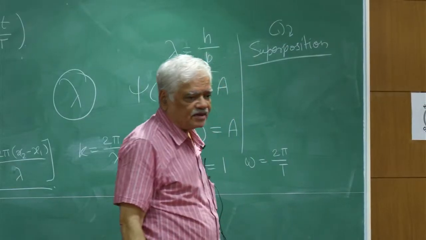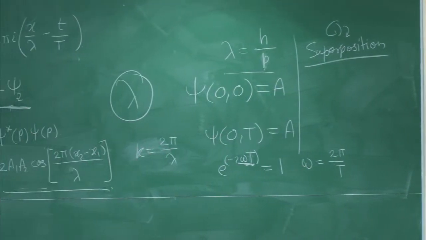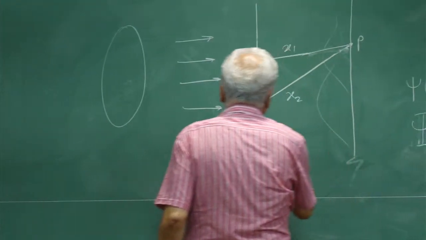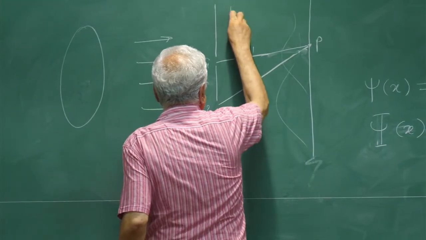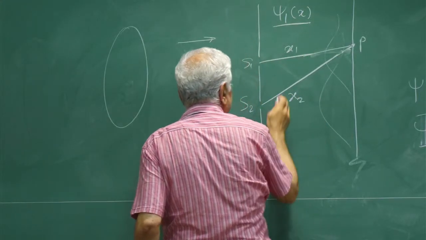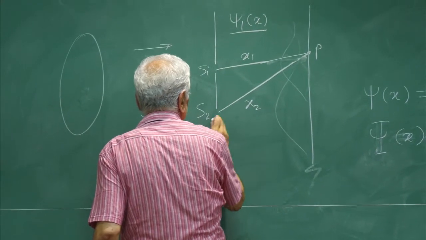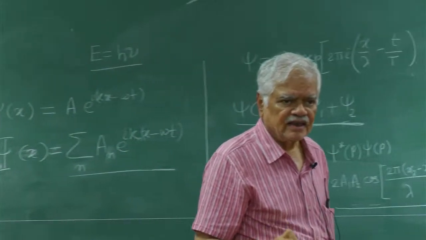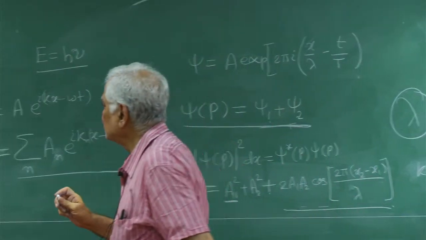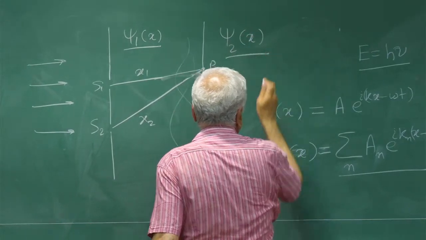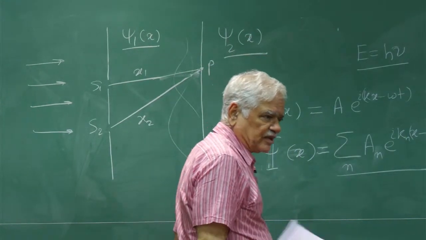Suppose psi1 of x is the state of the electron when I close S2. Psi2 of x is the state of the electron when I close S1.